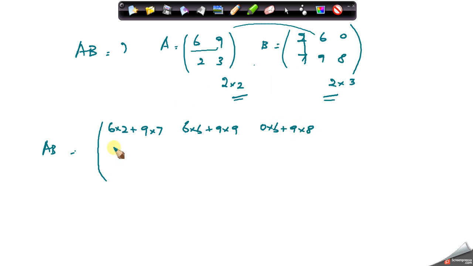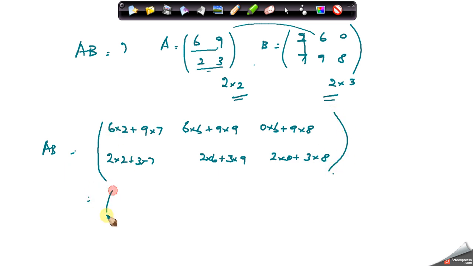Okay. Similarly, you need to take the second row and then multiply in the same way in this case. So 2 into 2 plus 3 into 7, 2 into 6 plus 3 into 9, 2 into 0 plus 3 into 8. So see, it's nothing but 12 plus, again you can have one more step, 12 plus 63, 36 plus 81, 0 plus 72.